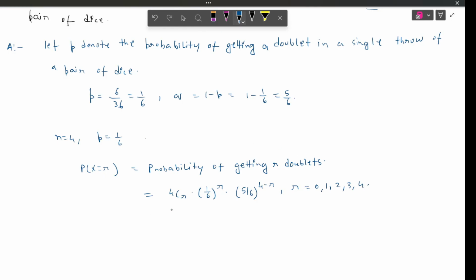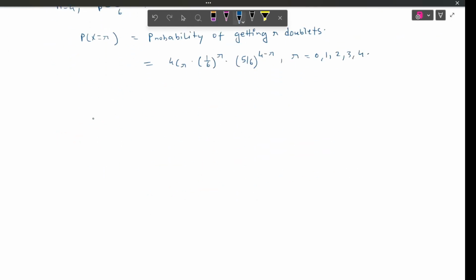Okay, now P of x equals 0, so put R equals 0 here. 4C0, 1 by 6 to the power 0 and 5 by 6 to the power 4 minus 0. That means it is 5 by 6 to the power 4.